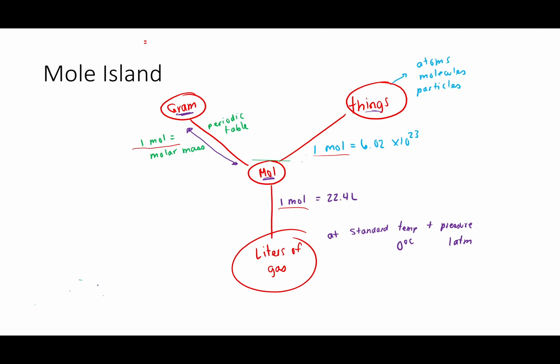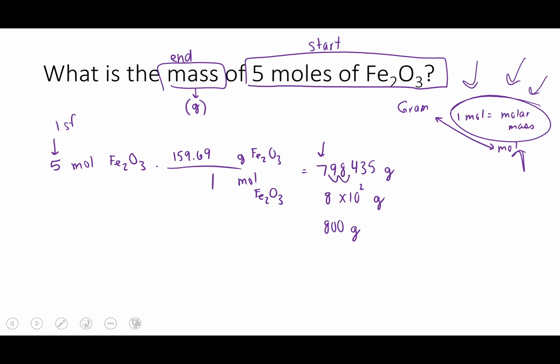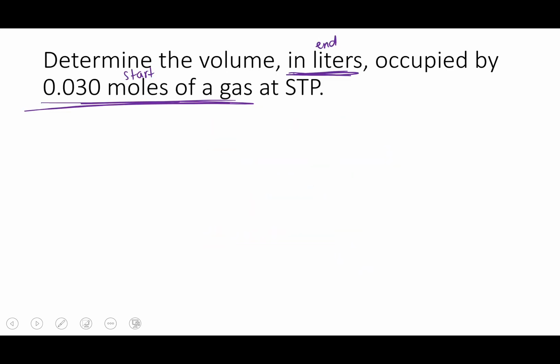Here's my last section that I'm interested in. I'm going from moles to liters, and so I'm using 1 mole is equal to 22.4 liters. So I'll draw that section on our paper. Moles to liters of gas. 1 mole equals 22.4 liters.